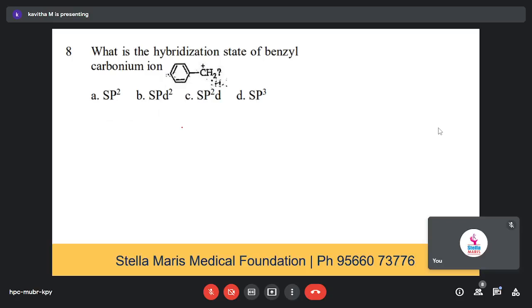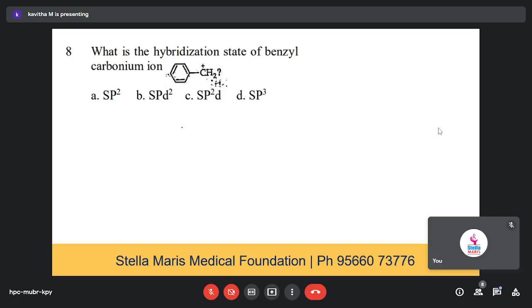What is the hybridization state of benzyl carbonium ion? Here it is sp2. Let me give an example.